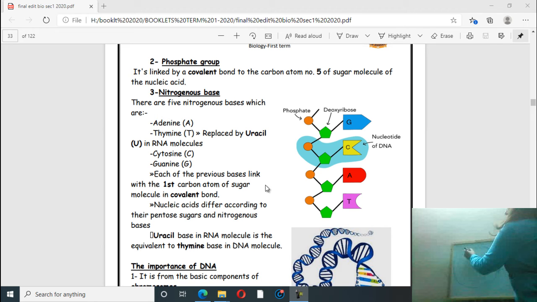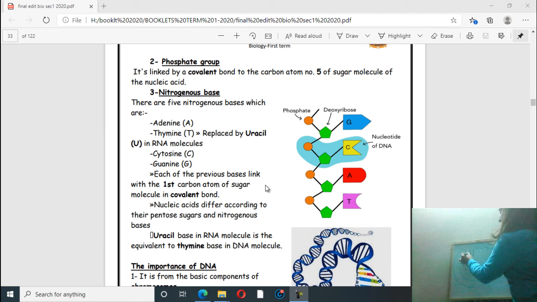If this is a strand containing adenine, thymine, cytosine, guanine, thymine, adenine, and so on, and the other strand contains, what is the complementary of adenine? Yes, thymine. The complementary of cytosine is guanine, the complementary of guanine is cytosine, adenine, and thymine.